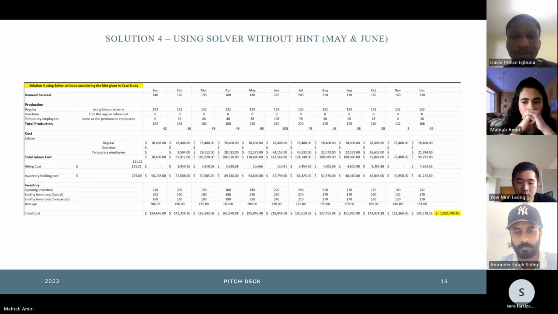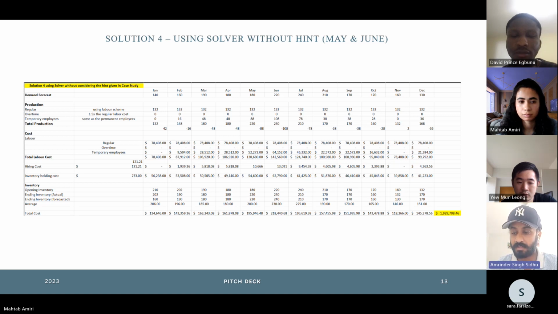Thank you. Hello everyone. I will be talking about the solver, the method we learned in class, and we will be considering it without the hint given in the case study. As per the information provided in the case study, we used the solver, and the constraints were set up like this. The inventory at the end of the month should be equal to the demand forecast for the next month.